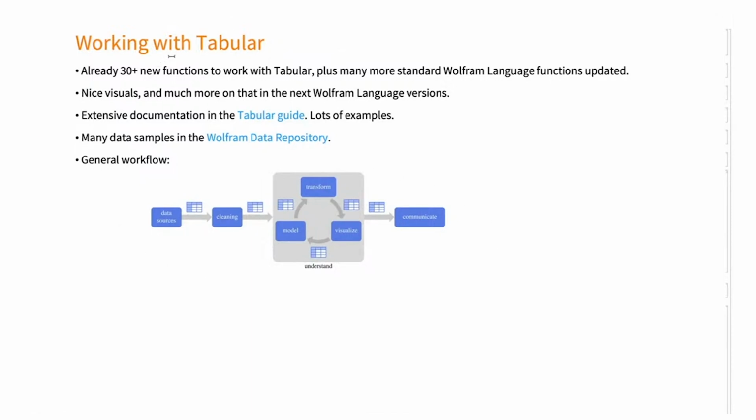So Wolfram Language 14.2 already adds more than 30 new functions to work with Tabular, and the traditional structural functions of the language have been updated to work with Tabular too. Tabular already offers nice visuals, and in future versions of the language, we will improve on that. There is extensive documentation already.